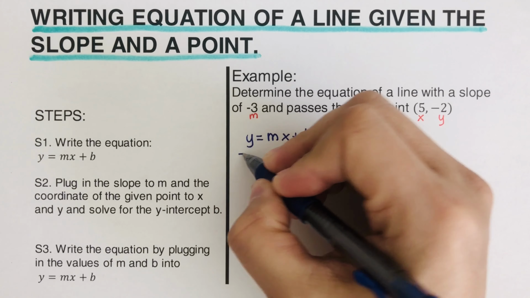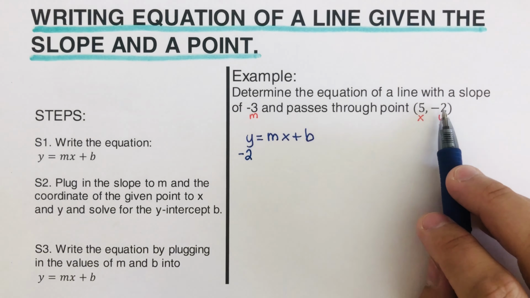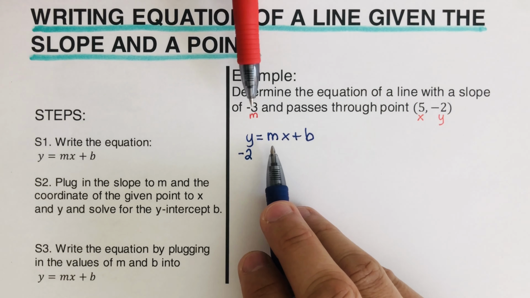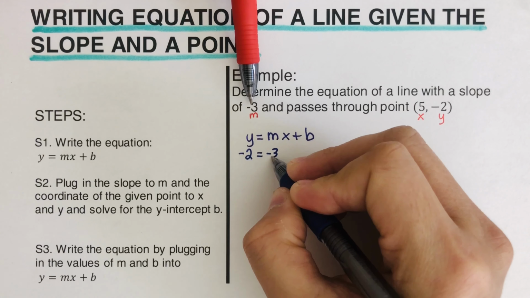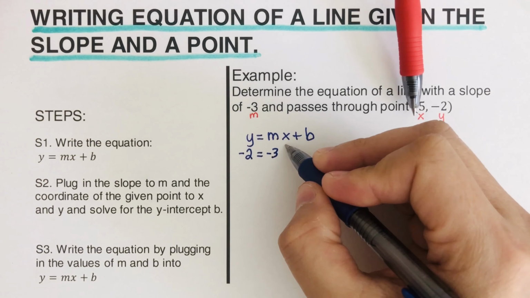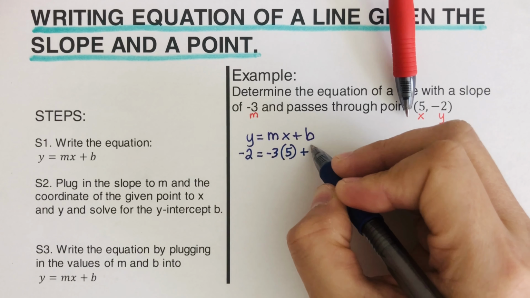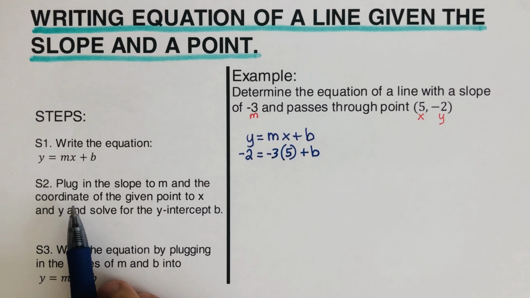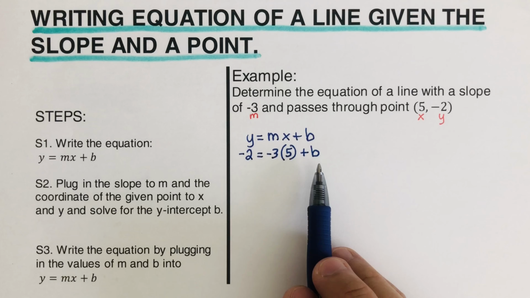Our m is -3, so I will put that in here, and our x is 5, so I'm going to put that in here. And then plus b. Again, in the second step, we are supposed to keep the b because that's what we're looking for, the y-intercept.